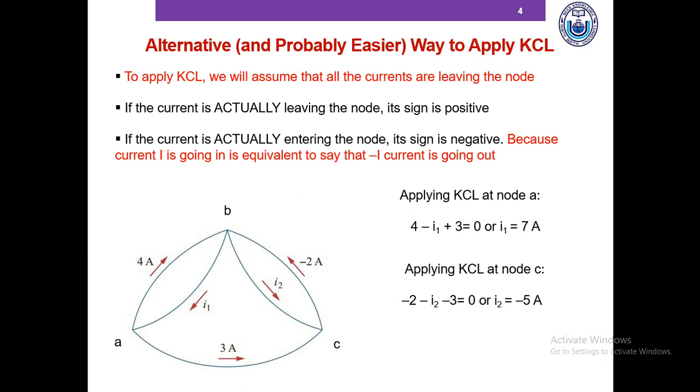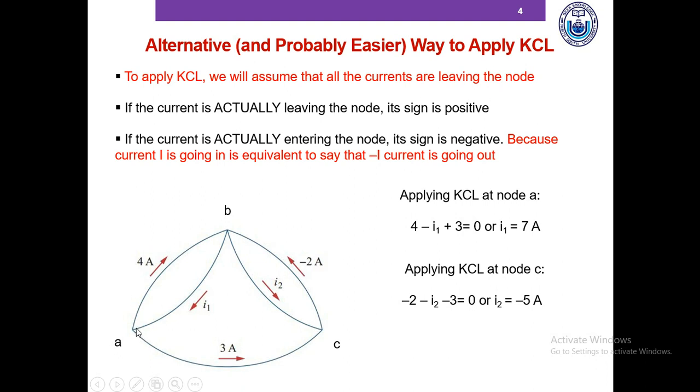So let me illustrate this with an example. In this circuit, for instance, we have three nodes, A, B, and C, and if we're trying to apply KCL at node A, we observe 3 branches. This 4 ampere branch, this I1 branch, and this 3 ampere branch. So if we're trying to apply KCL at node A, we see that the 4 ampere current is leaving the node A, which means we give plus 4, because we're assuming that all the currents are leaving the node.